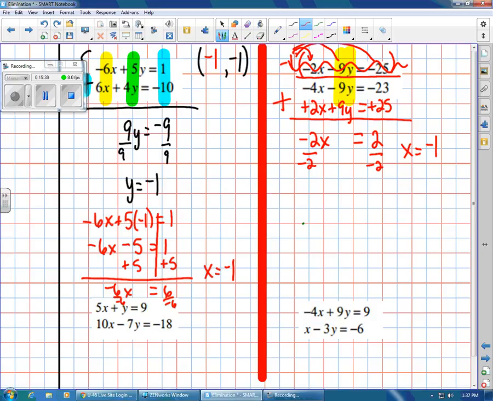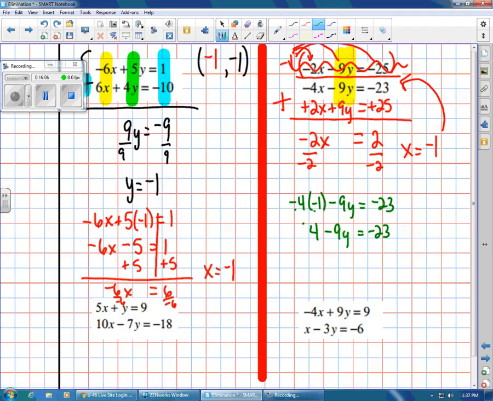I use that negative 1, substituting it back into either equation. I'm again just going to pick the one on top because that's how I do it. Negative 4 times negative 1 minus 9y equals negative 23. A negative times a negative is a positive, so I've got positive 4 minus 9y equals negative 23.